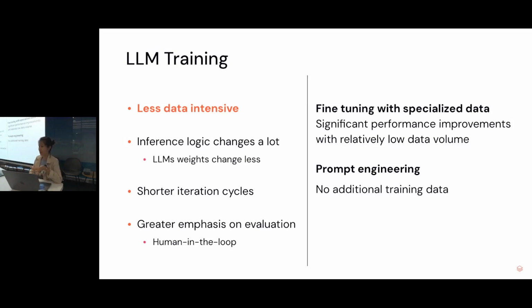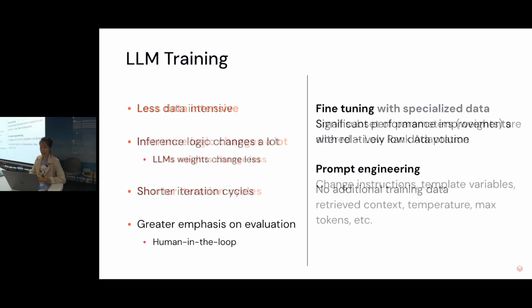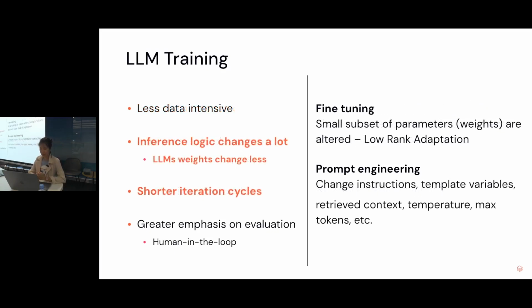And if you do just prompt engineering, like different ways of asking questions to the model, you don't need additional training data. But the inference logic changes a lot because there are different ways of querying the vector database.